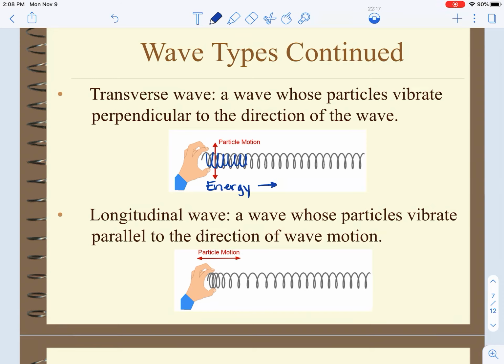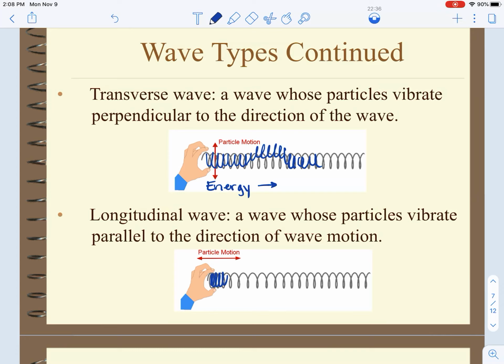But what happens is that these particles will return to their position, and now the particles that have been disrupted would be located at a different place on the slinky, and so we end up getting that wave ripple effect, okay?